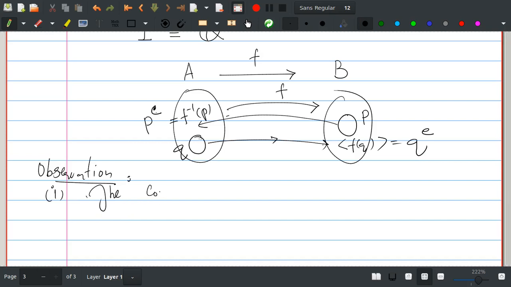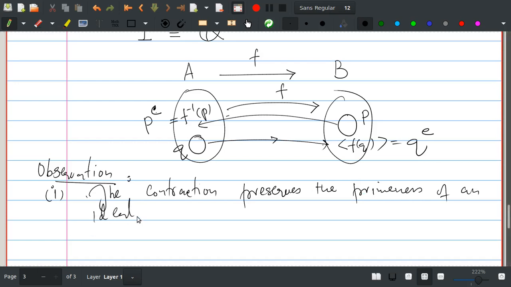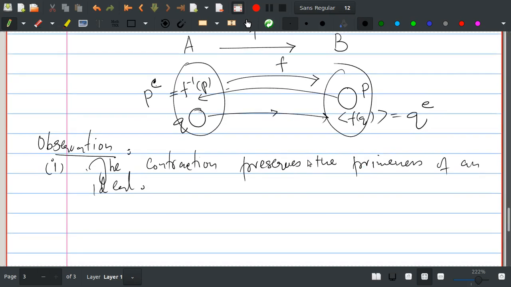The contraction preserves the primeness of an ideal. The reason is that the inverse image of any prime ideal is a prime ideal under a ring homomorphism.